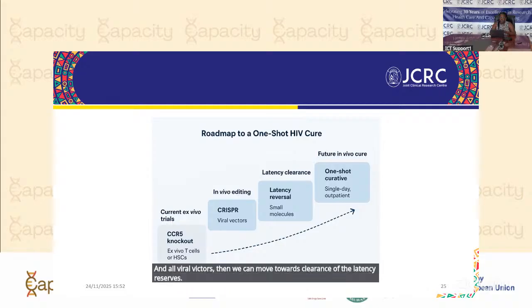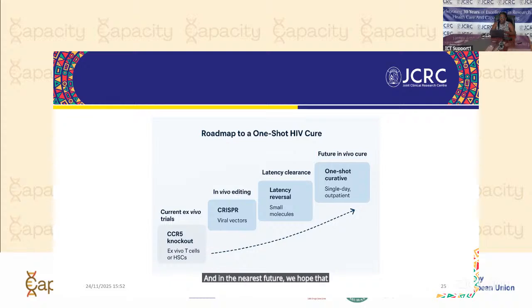And in the nearest future, we hope that we shall be able to have a one-shot curative, single-day outpatient anti-HIV shot.